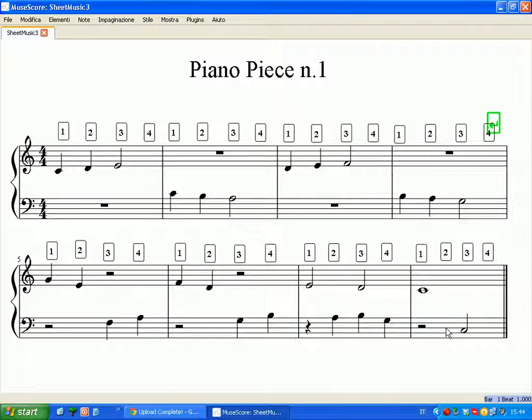So this is something very important that you have to understand very well, because you have to get used to doing something like that, to sing the piano piece, to sing both staves, of course, before trying to play at the piano.